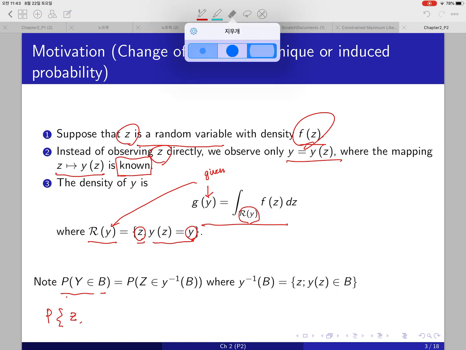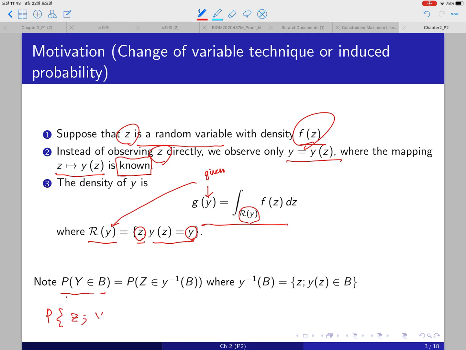The random event that the random variable y belongs to B, that y(z) belongs to B, you can write it as the random variable z belongs to y inverse of B, which is this one.